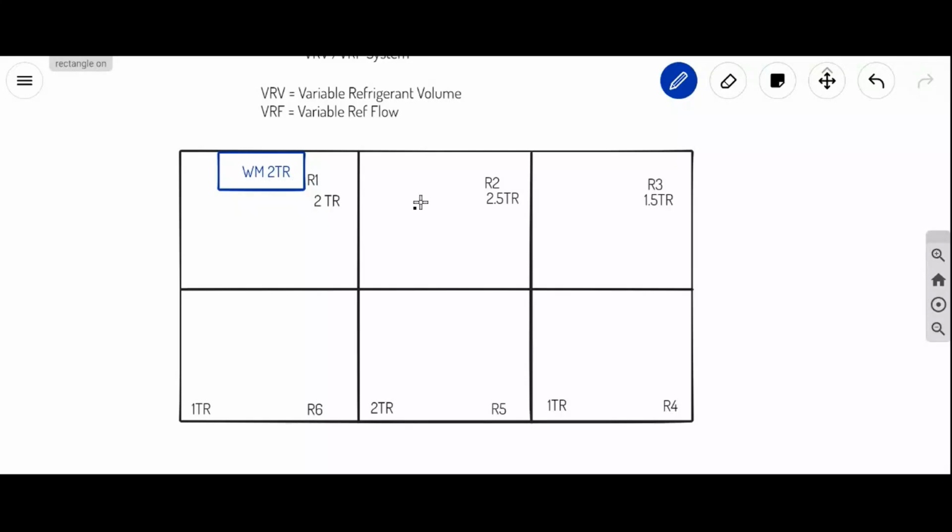Here I am taking a cassette type of 2.5 TR. Here I am taking a hideaway of 1.5 TR.